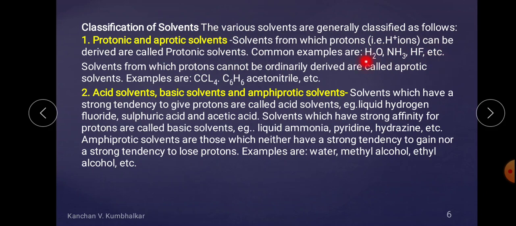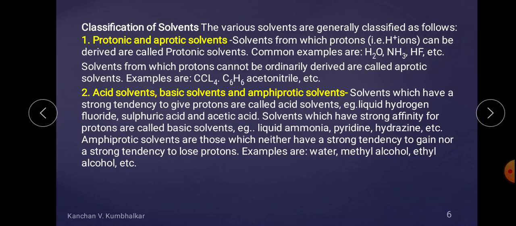In these, the H+ ions can be identified. H+ is nothing but a proton, and hence such a solvent is known as a protonic solvent, one in which hydrogen is present after dissociation. If it gives H+, then it is considered a protonic solvent.